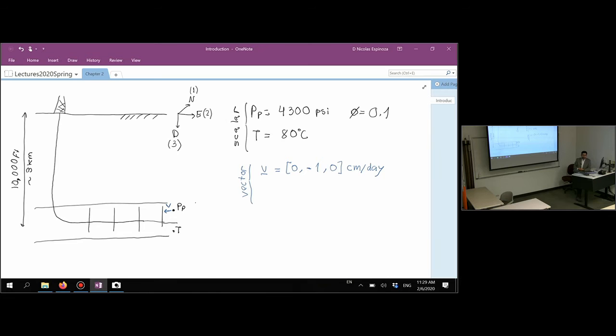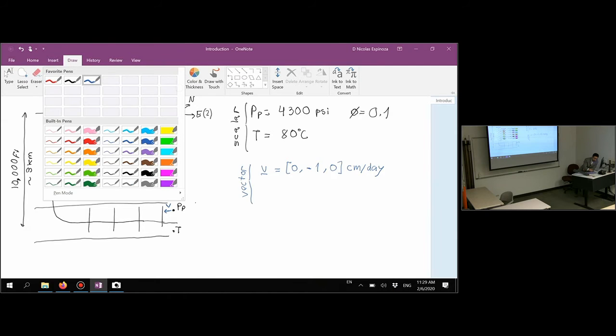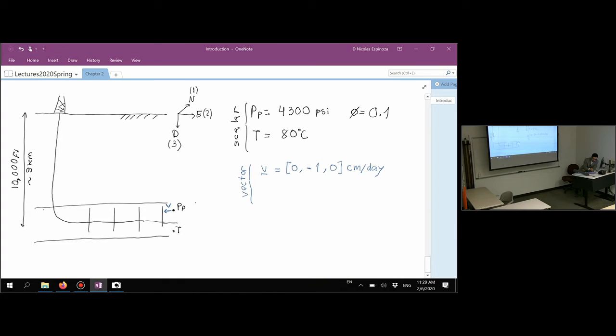Can you give me another example of a vector for this particular application? Again, I'll let you think, and I'll work on making this schematic prettier. Any suggestion?